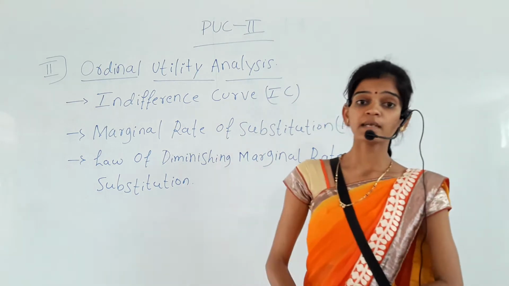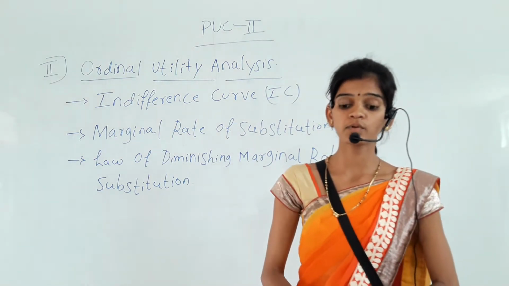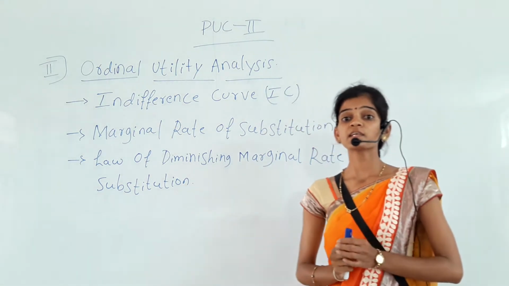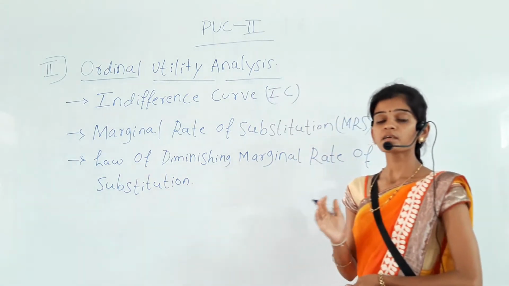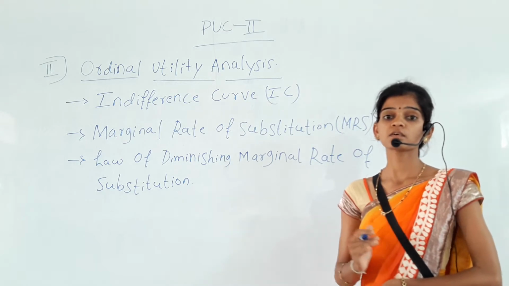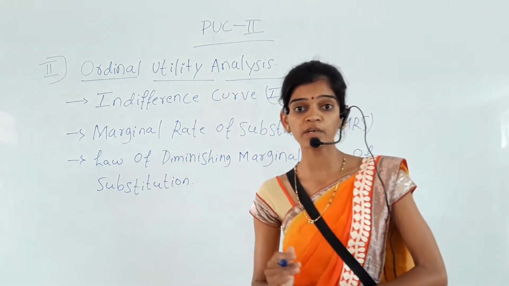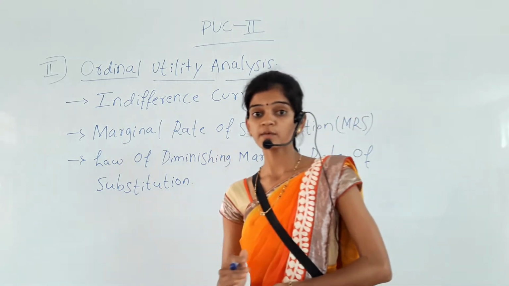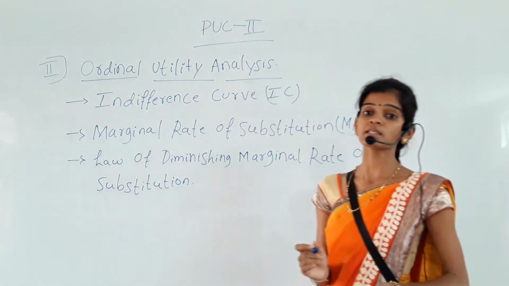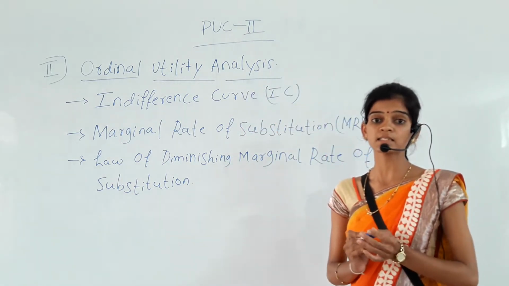So what is cardinal utility analysis? We learned about that. What is cardinal utility? Cardinal utility is nothing but whatever goods and services or commodity a consumer is consuming, he has to express in terms of numbers. That is called the cardinal utility analysis.